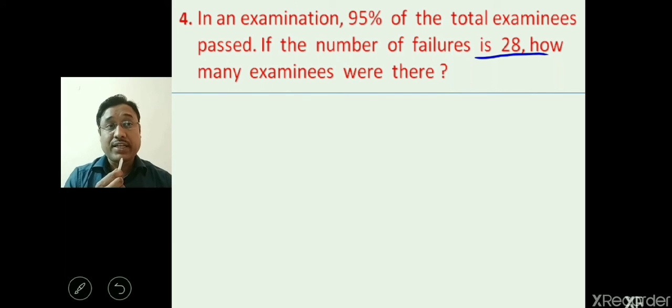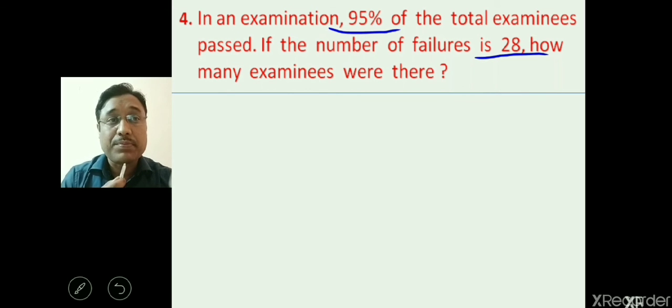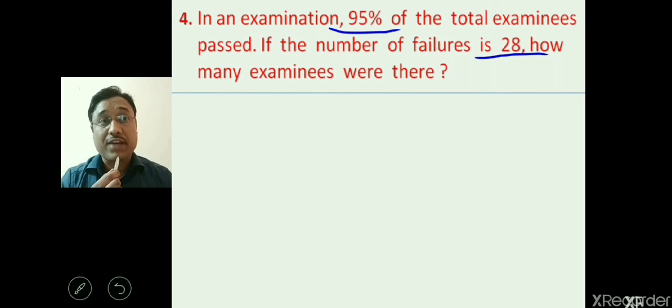First just think that 95% of examinees have passed. That means what percent of examinees failed? That means it is 5% only. 100 minus 95, you will get 5% examinees failed.